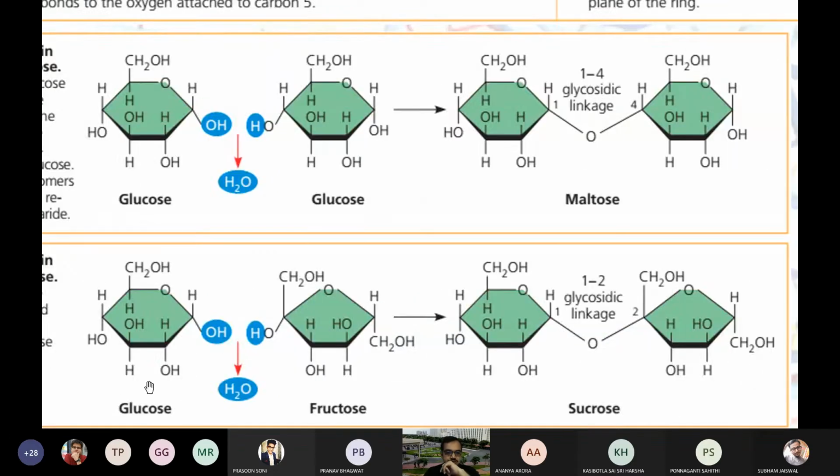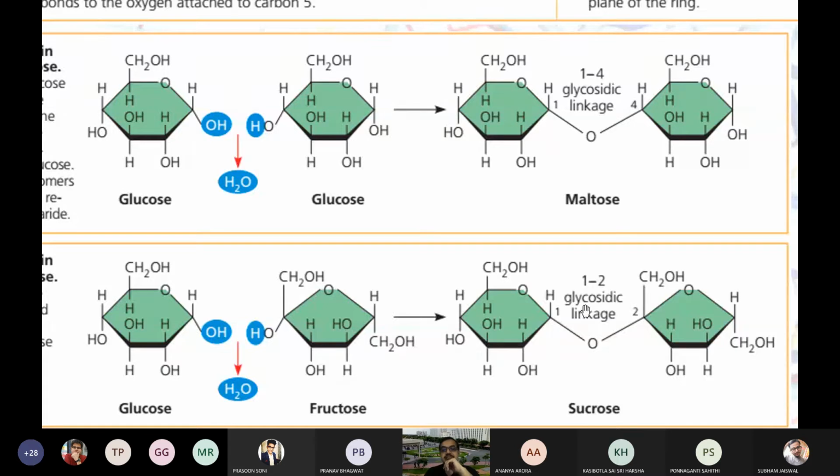What happens in the case of glucose and fructose? The same linkage happens. Here you see carbons 1 and 4 are involved, so we call it a 1,4 glycoside linkage. Here carbon 1 of glucose is involved, and which carbon of fructose is involved? Looks like it is 1, 2, 3, 4, but it is carbon 2.